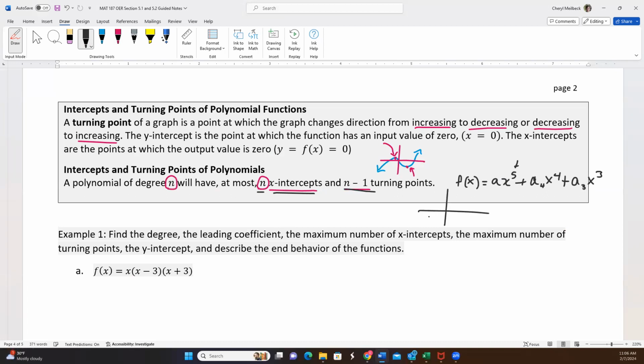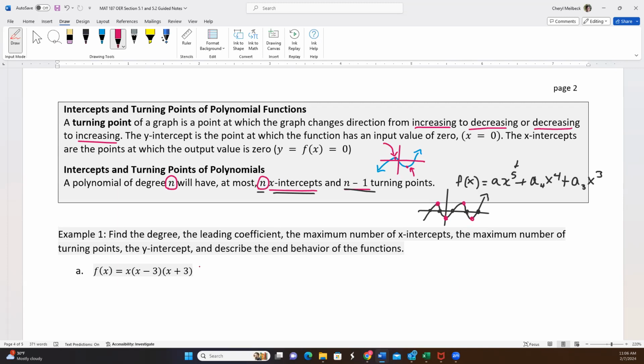So 5 x-intercepts would look like this. 1, 2, 3, 4, 5. That's 5 x-intercepts and 4 turning points. 1, 2, 3, 4. That's what this is telling us.